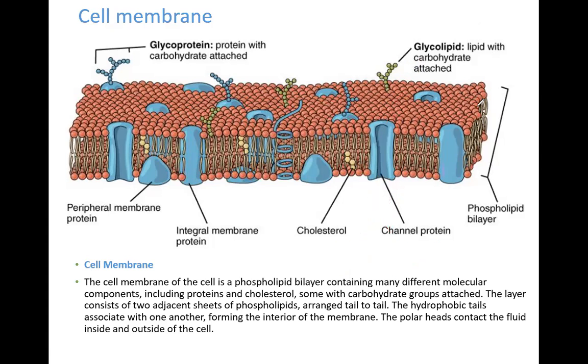Over here, we have another what looks like a channel protein, but this may be what's known as a carrier protein. The carrier protein is a little more sophisticated. The carrier protein will limit what can go through. It may let sodium go through. Sodium, yes.